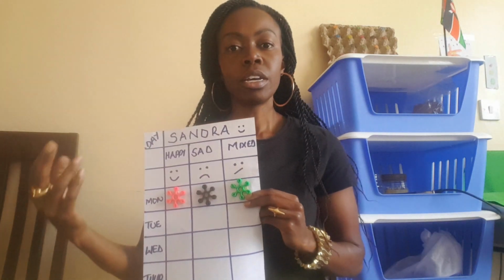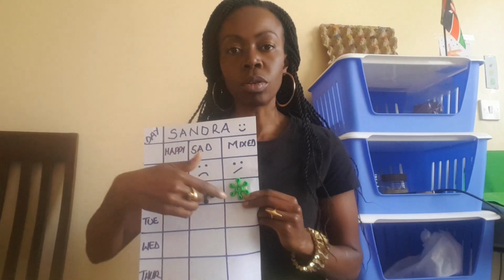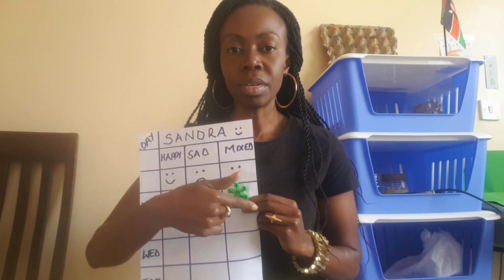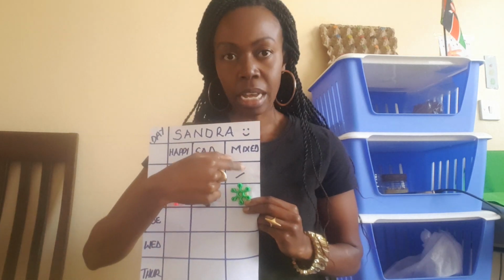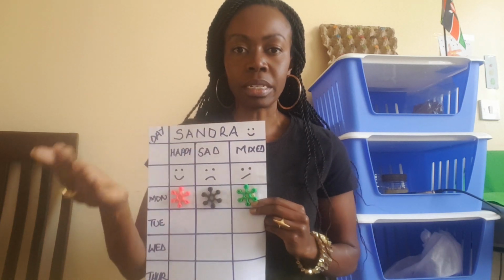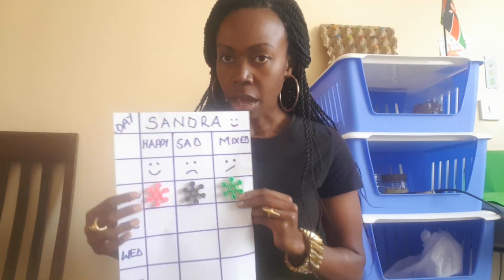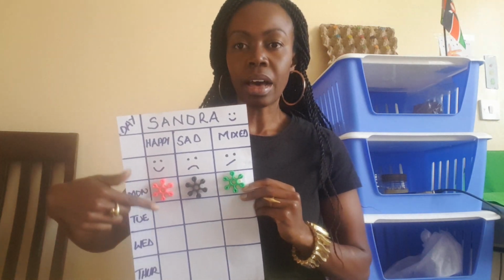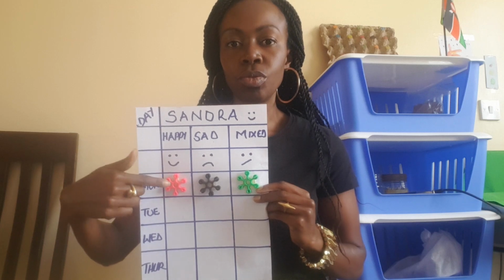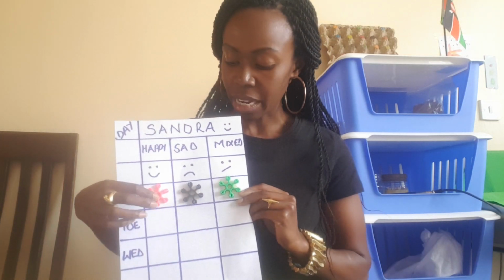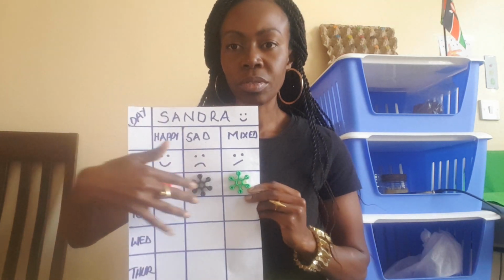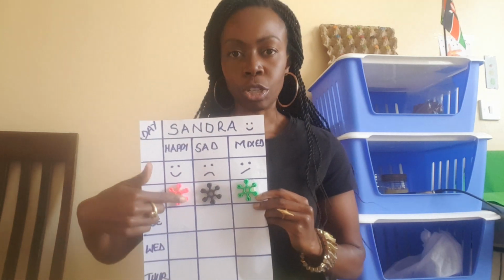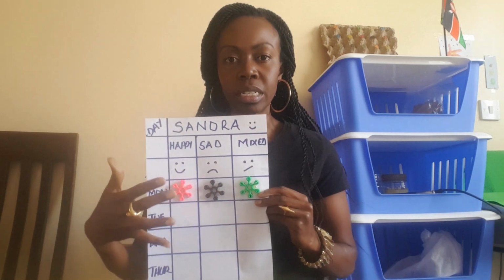And then for the mixed, you can also just get a colored sticker that represents the color that they picked to represent a day that had both happy and sad experiences. And then on each day, you can ask a child to put, you can find something like these pieces of, I don't know if to call them Lego or something, these manipulatives that usually younger kids would have to build stuff.